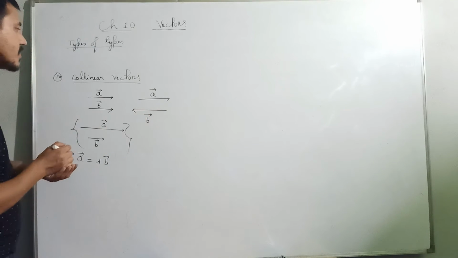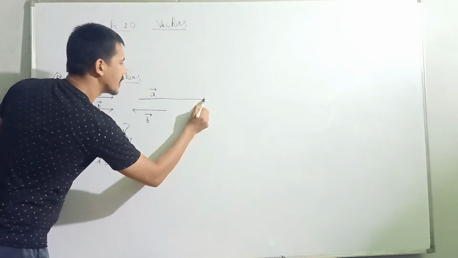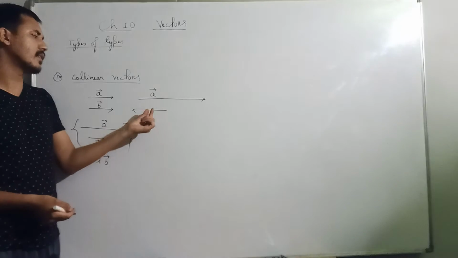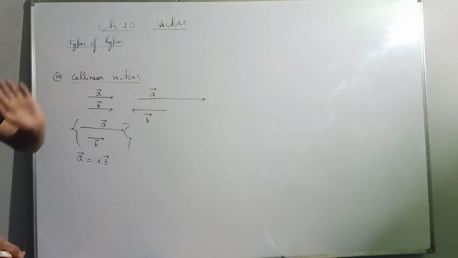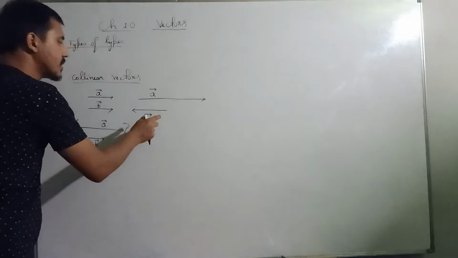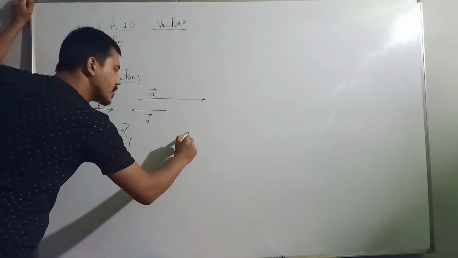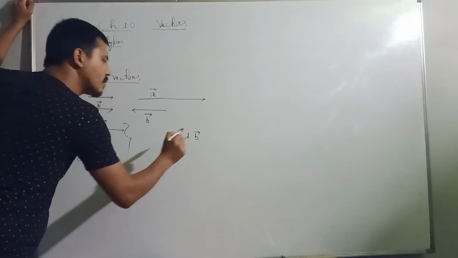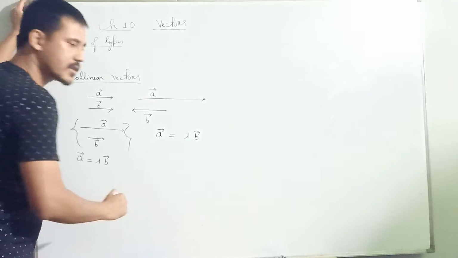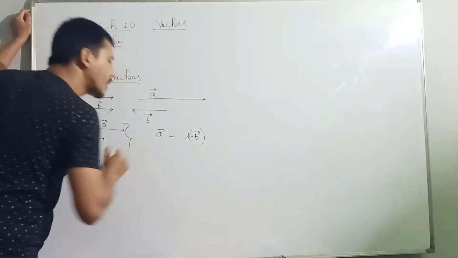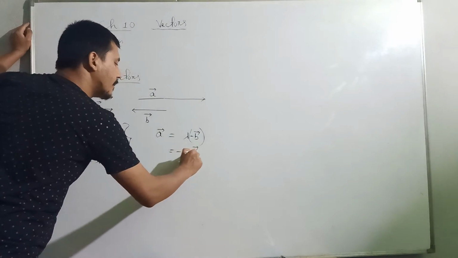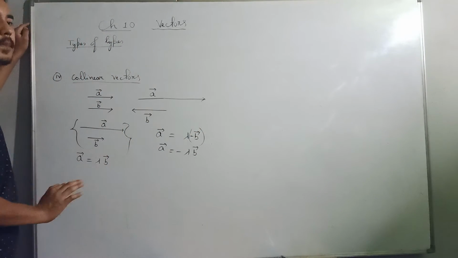What happens if they were in opposite direction? Suppose this is your vector A, directed towards the right. You have another vector B, smaller in length, directed this way. The two vectors have opposite direction, right? In that case, since B has lesser magnitude, you multiply the magnitude of B with some scalar, then you get vector A, but they are in opposite direction, so lambda times minus B. That is minus lambda B. So this shows that A and B are parallel.